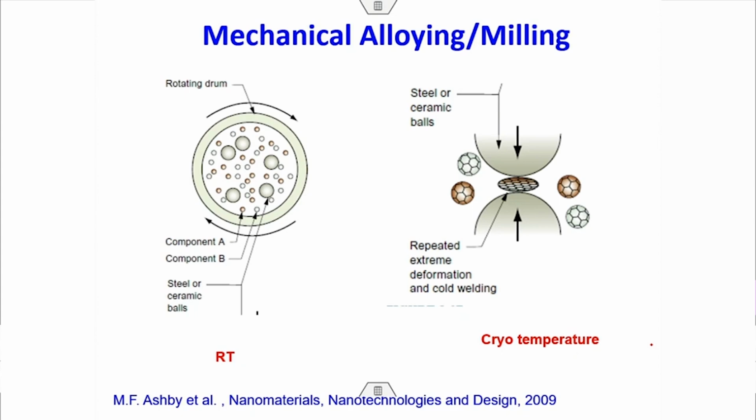That is how this leads to production of nano powders. Similarly, you can do milling at cryo temperature, where you break down the powders into pieces by accelerating the fracturing process at low temperature, as well as make deformation induced nanocrystallization of the grains. And we have already discussed how it is done.